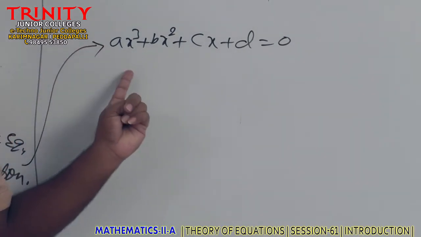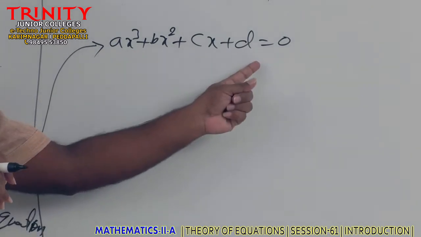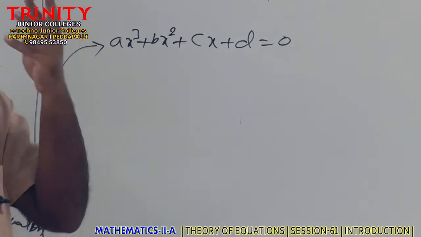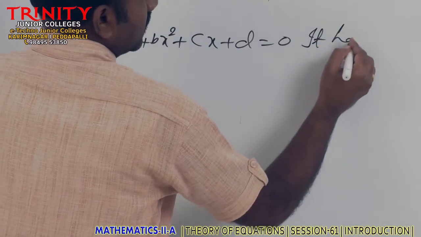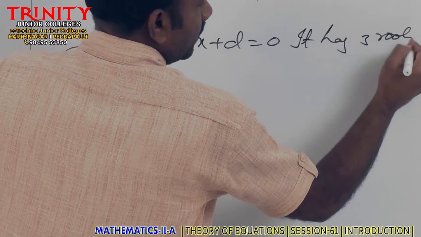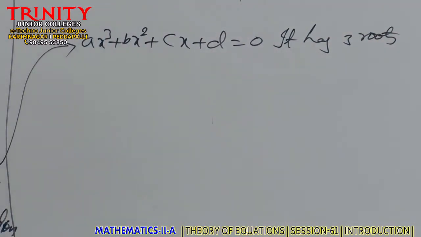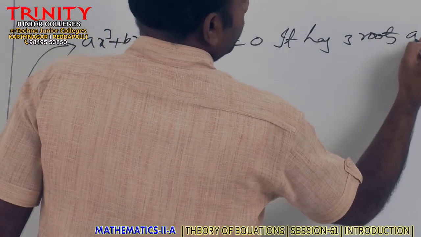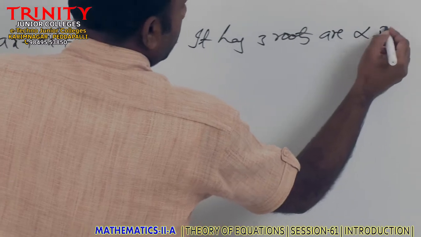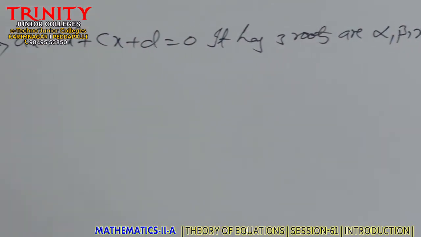It has n roots. Since it is a third degree polynomial equation, it has 3 roots. The number of roots of the polynomial is equal to the degree of the polynomial. The 3 roots are alpha, beta, gamma.